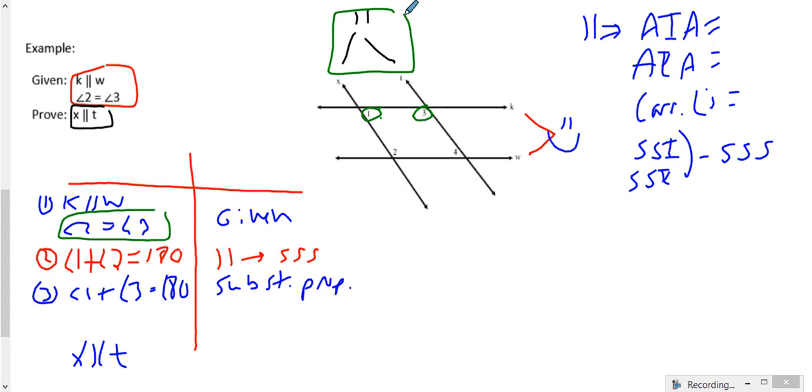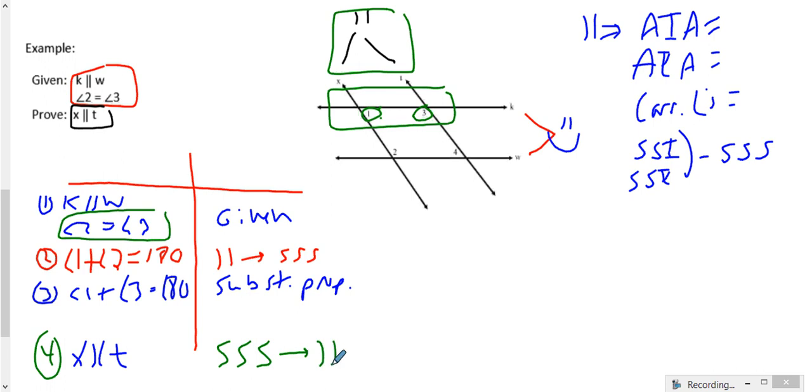And we've just shown that angles, where K is the transversal and X and T are the lines in question, they are same side supplemental, which we said in our last video is enough to conclude two lines are parallel. So our fourth step is to say that they are parallel, because same side supplemental implies parallel. And this ends section 2, video 3.